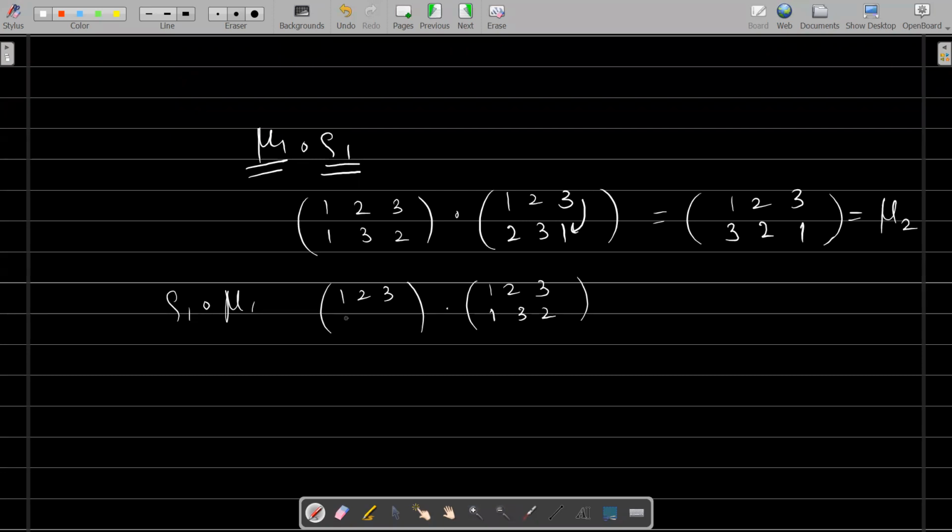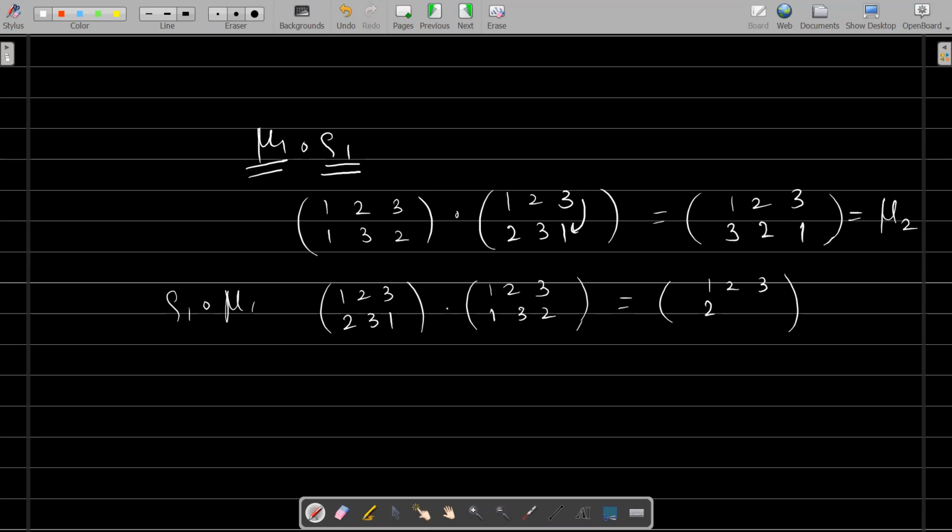Rho1 is 1 to 2, 2 to 3, 3 to 1. I'll first operate on the right side and then the left side, going in reverse. So 1 goes to 1, and looking at the image of 1 here, 1 goes to 2. So finally 1 goes to 2.